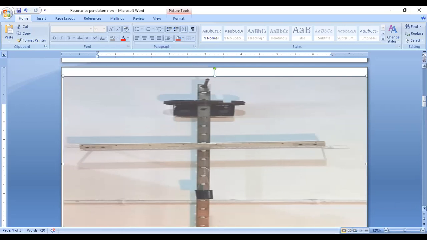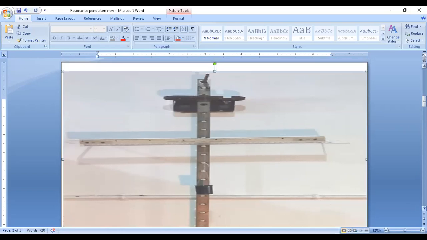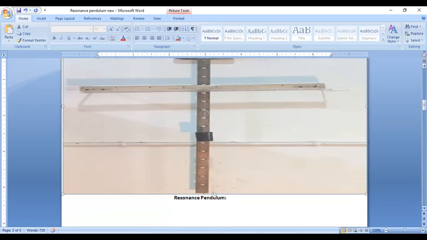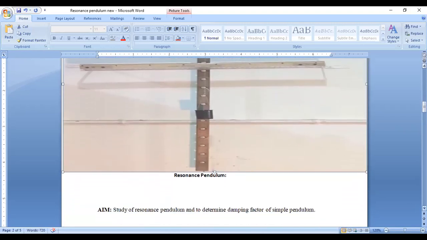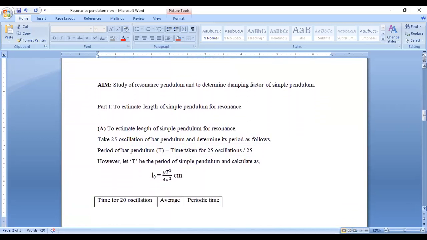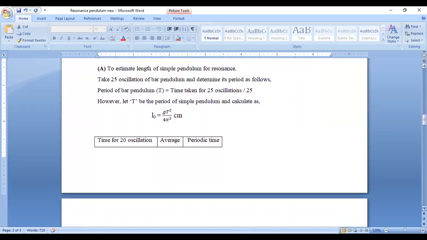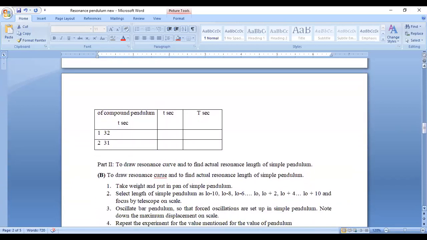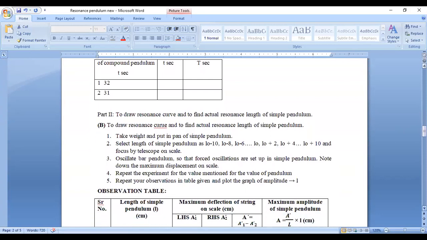I will show you the table where you can see this experiment. This is the first estimation, then we calculated the periodic time. Once you calculate the periodic time, we go for the second part.